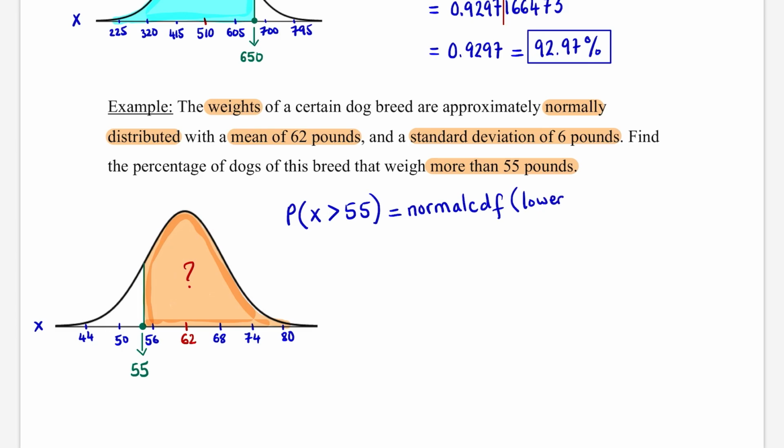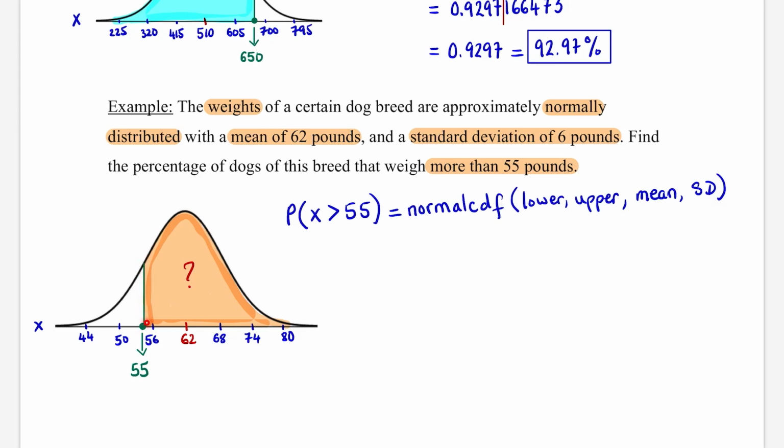lower bound, upper bound, mean, and standard deviation. To find the lower and upper bound, we look at our region. In this region, this is my left boundary.